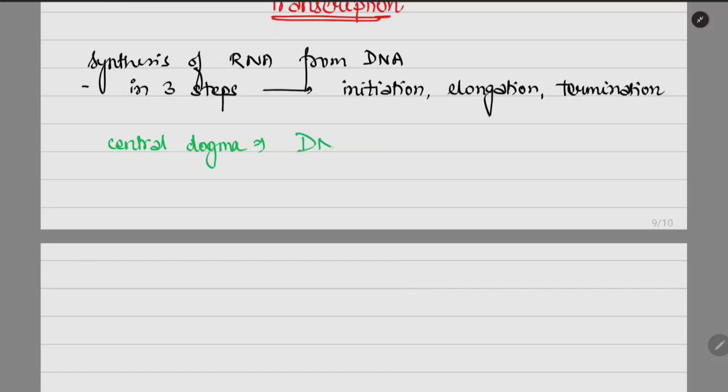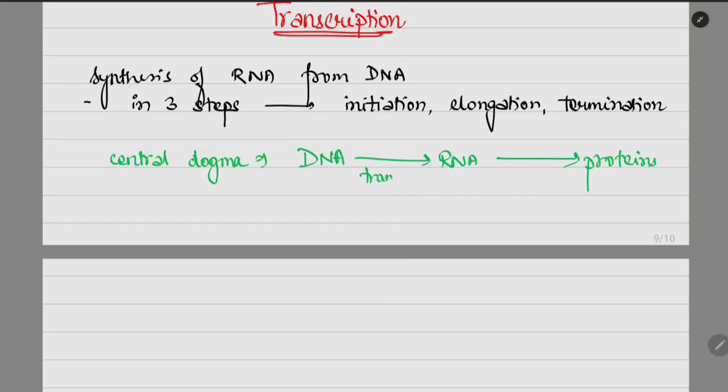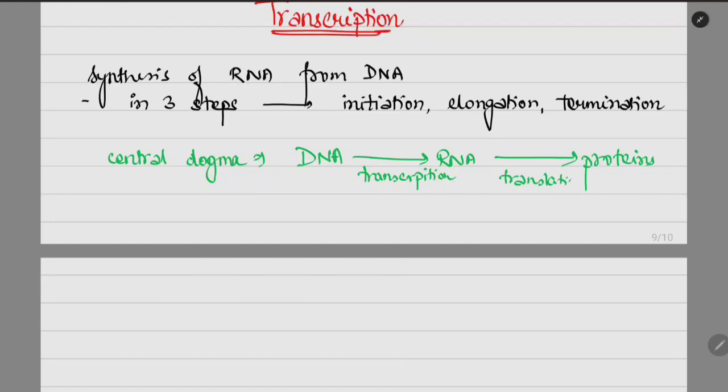And the reverse dogma says that from RNA, DNA can also form. This reverse dogma is seen in HIV by the help of the enzyme reverse transcriptase.